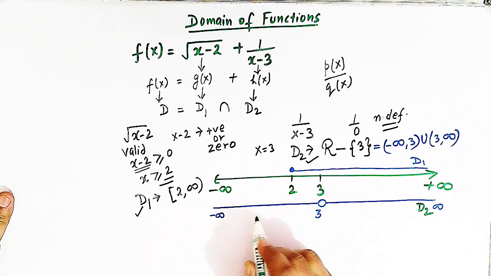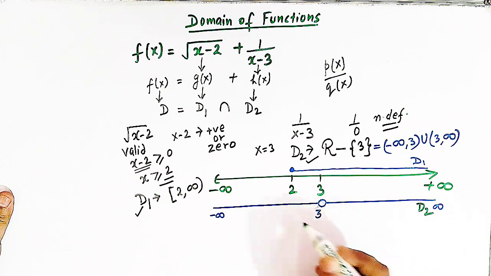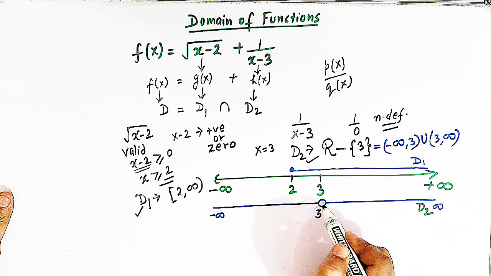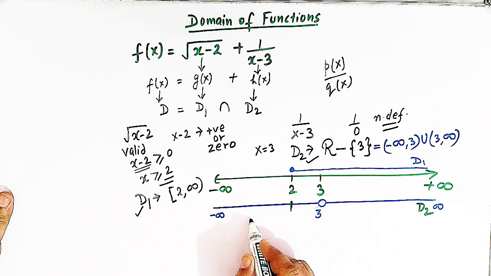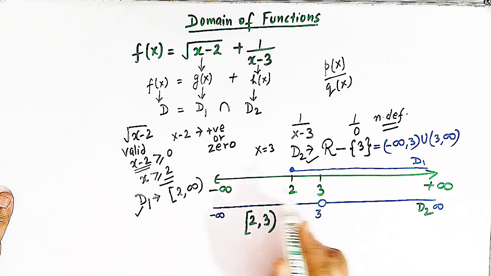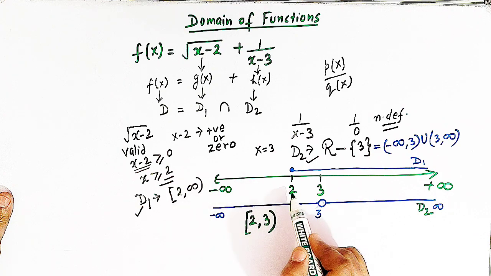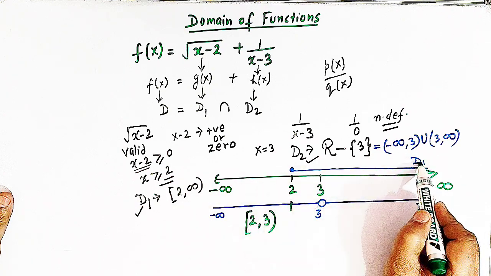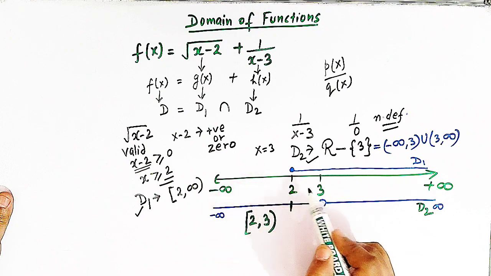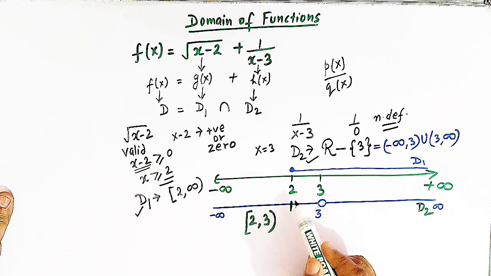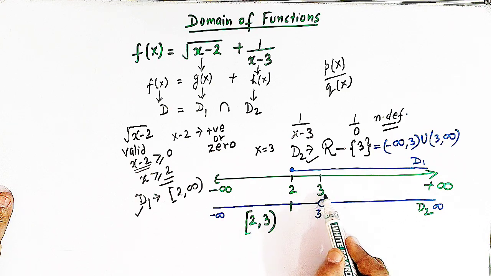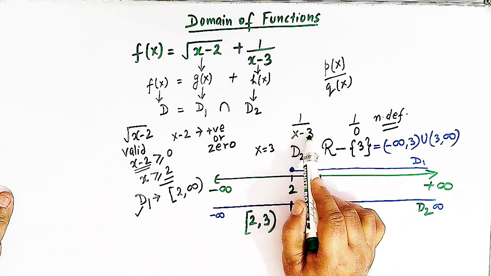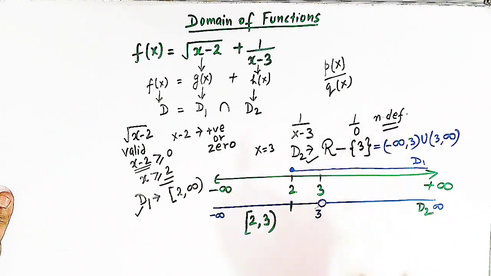The common region comprises the interval from 2 to 3. 2 is included and 3 is not included. The region from minus infinity to 2 is not included in d1, so we leave it. We take the interval from 2 to 3, with 2 included and 3 excluded, because 3 makes x minus 3 equal to 0, and 1 over 0 is not defined.